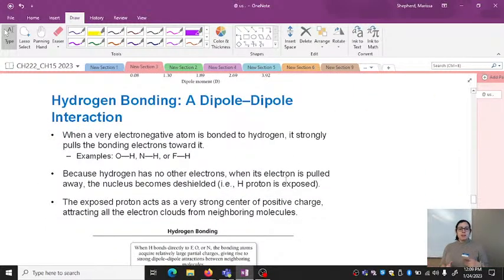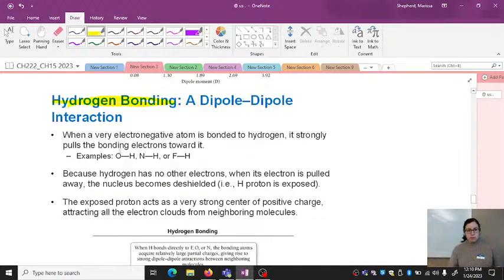And so now we have kind of our special case. We're looking at hydrogen bonding. And so yes, it's still a dipole-dipole interaction, but now you have this extra phenomenon. When you have a very electronegative atom bonded to hydrogen, it strongly pulls the bonding electrons towards it.